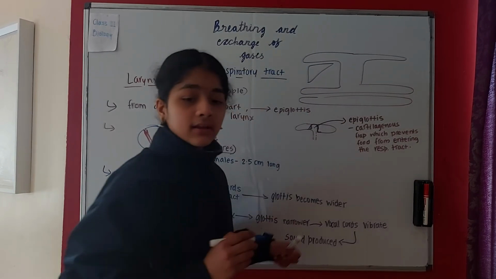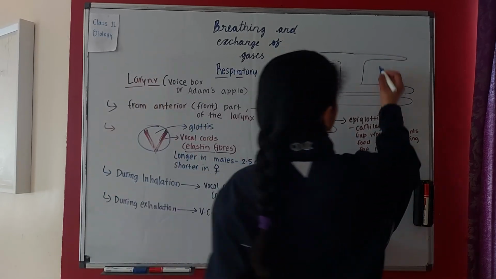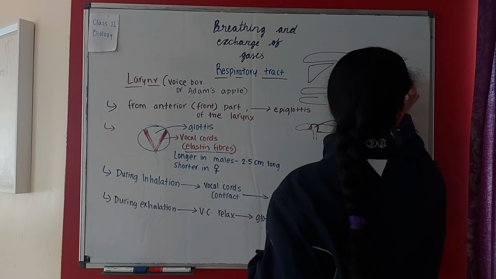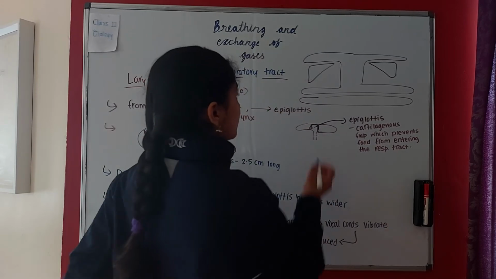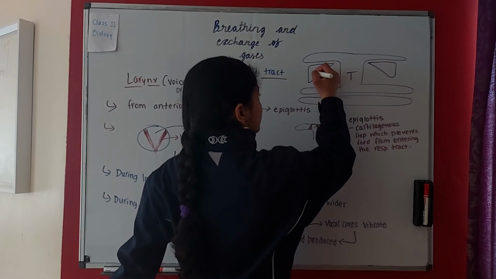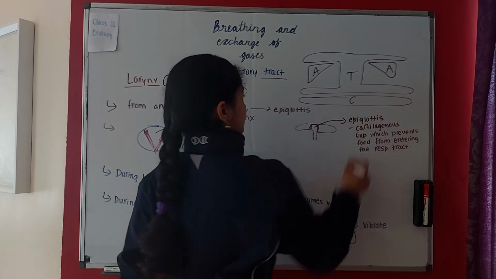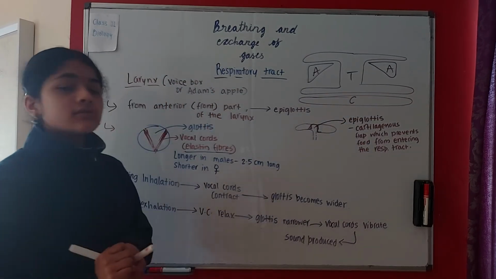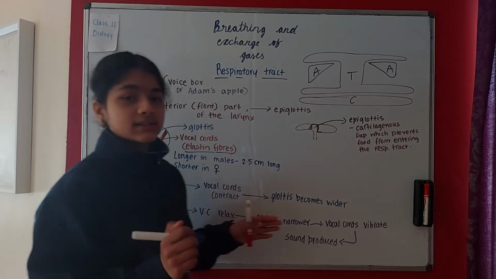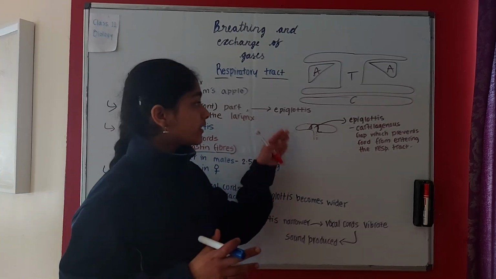Like this. So these are the arytenoid cartilages. Now it's perfect. So this is thyroid, this is arytenoid, this is the cricoid cartilage. So this is not exactly how the larynx is present, but we just took an example to understand it better.